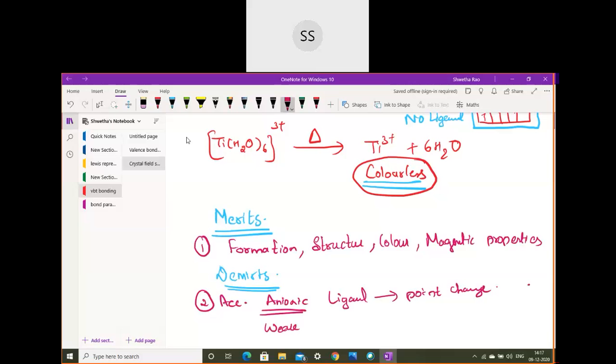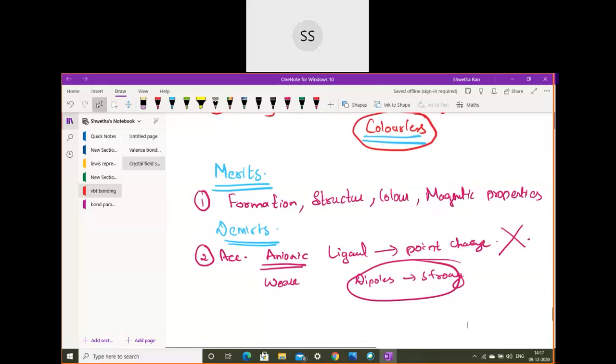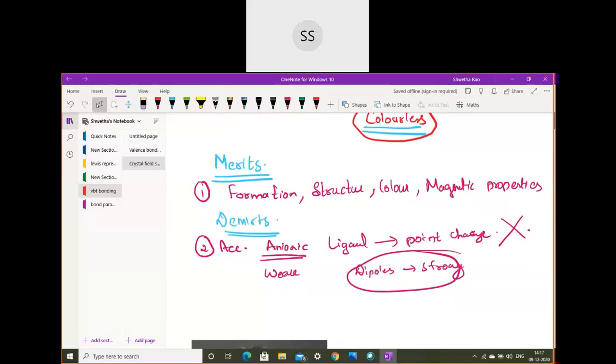It does not agree with what they said. From experiment, we got to know that anionic ones are the weaker ones, and the ones having dipoles are the stronger ones. We got this from the spectrochemical series. So the assumption that anionic ligands are point charges is wrong. Their whole charge is not concentrated in one region and they are not that powerful.